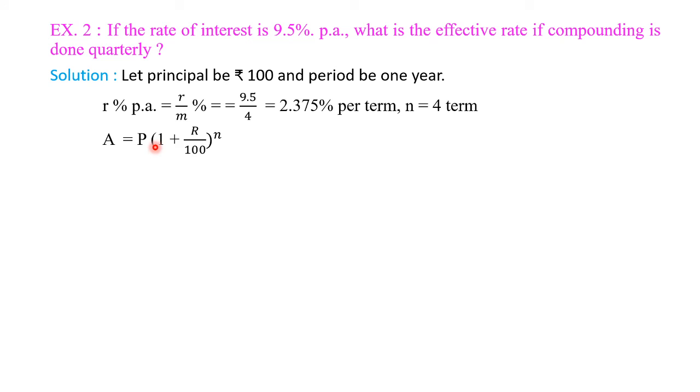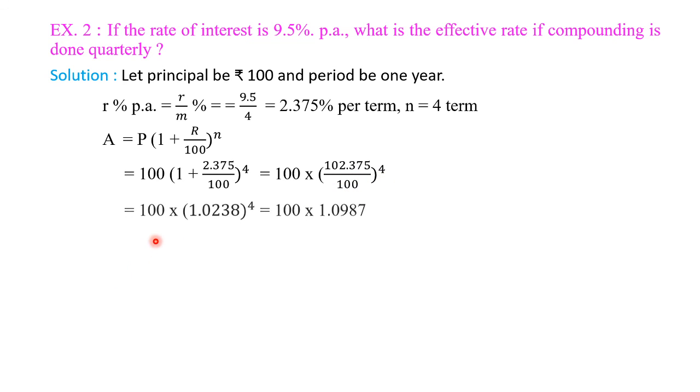Formula: A is equal to P in bracket 1 plus R divided by 100 bracket raised to n. Put this value in this formula and we get 100 in bracket 1 plus 2.375 divided by 100 bracket raised to 4.